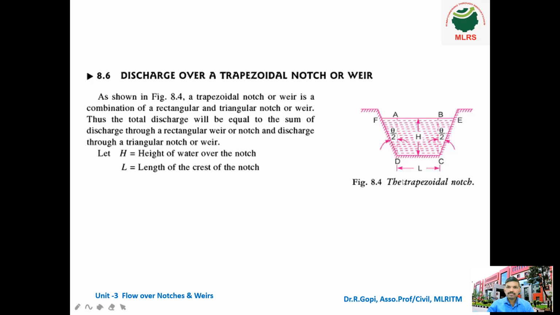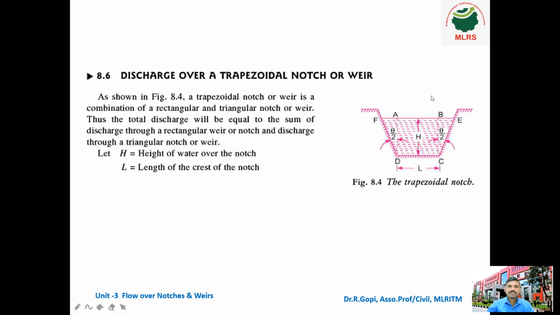In this figure 8.4, AFD and BEC, you can merge these two triangles and they will form one triangular notch, and ABCD is a rectangular notch of height h.